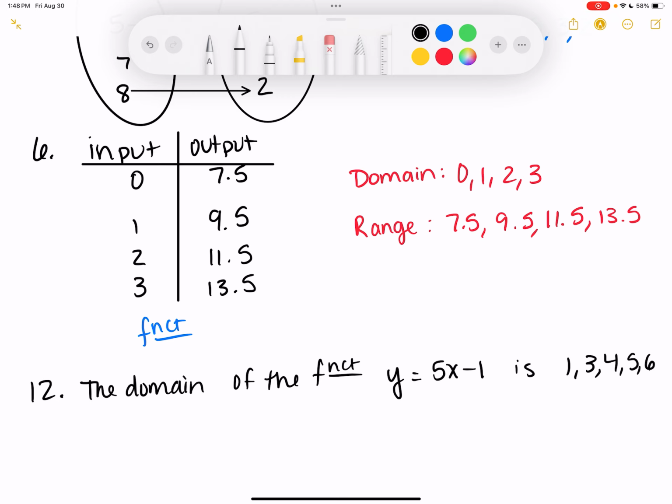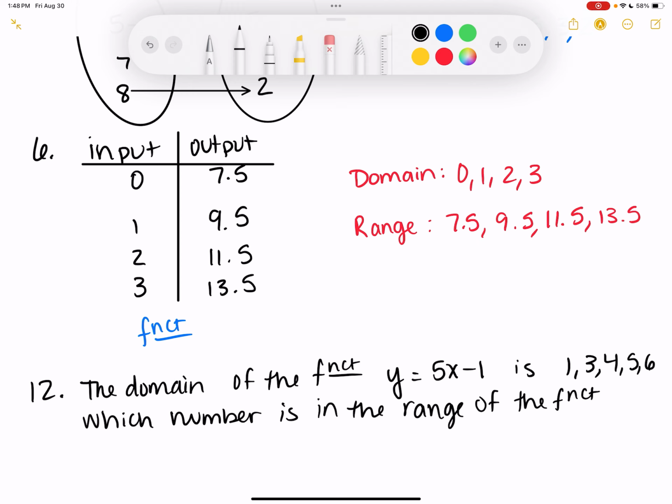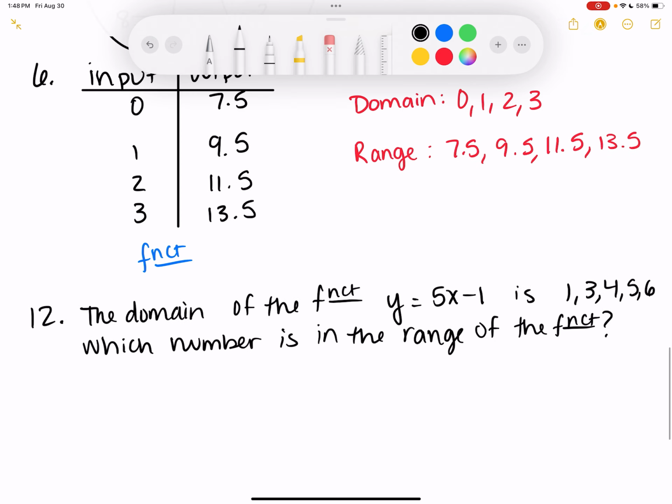Which number is in the range of the function? And they give us A is 0, B is 4, C is 9, and D is 15.